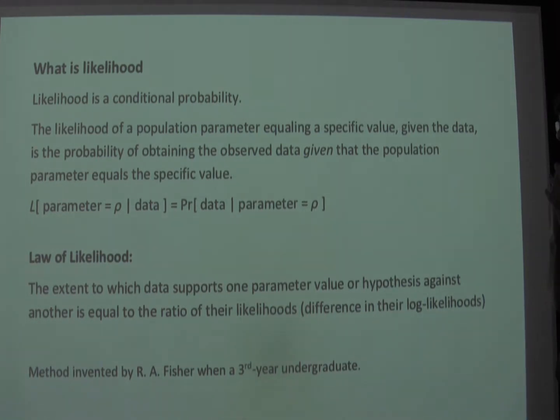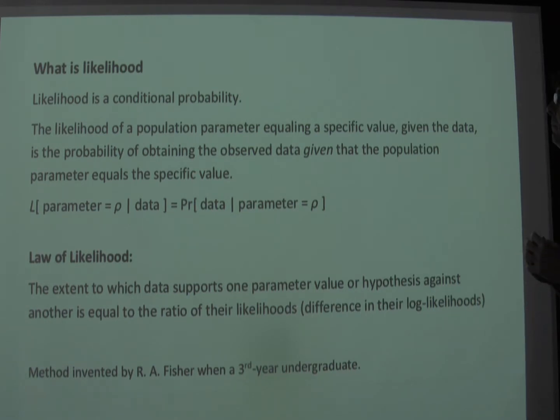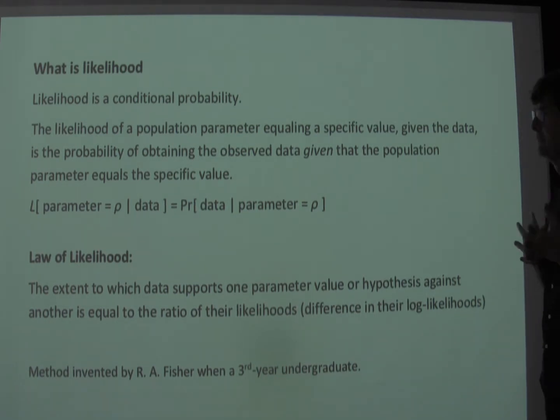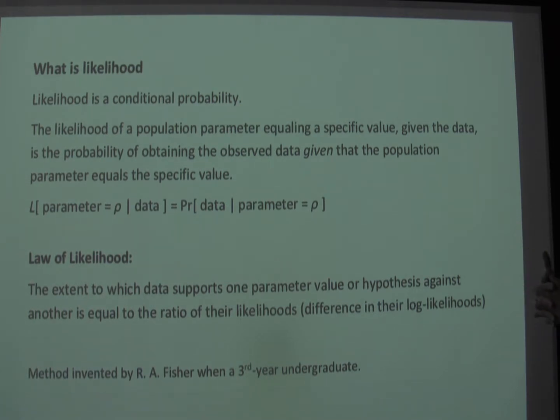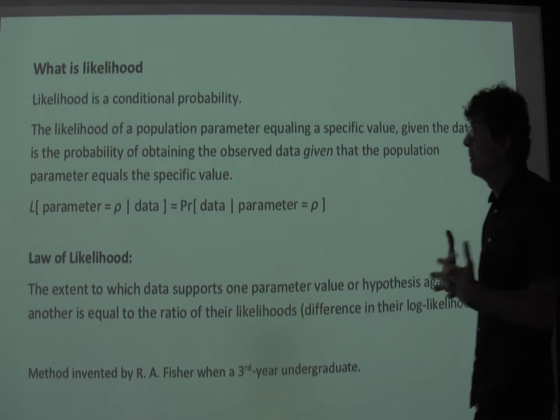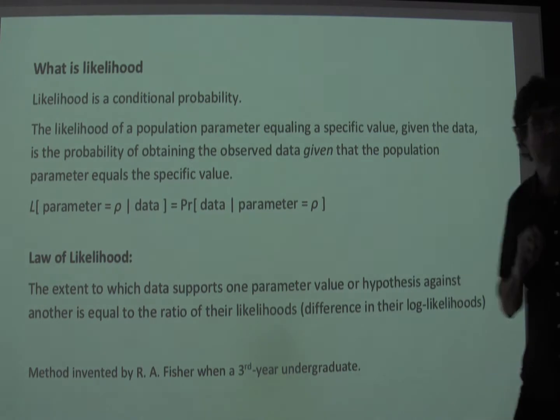And the way we use likelihood is to establish the value of some parameter of interest, a mean, a proportion, or some hypothesis. The likelihood of a population parameter equaling a specific value, given the data, is the probability of obtaining the observed data, given the value of the parameter.